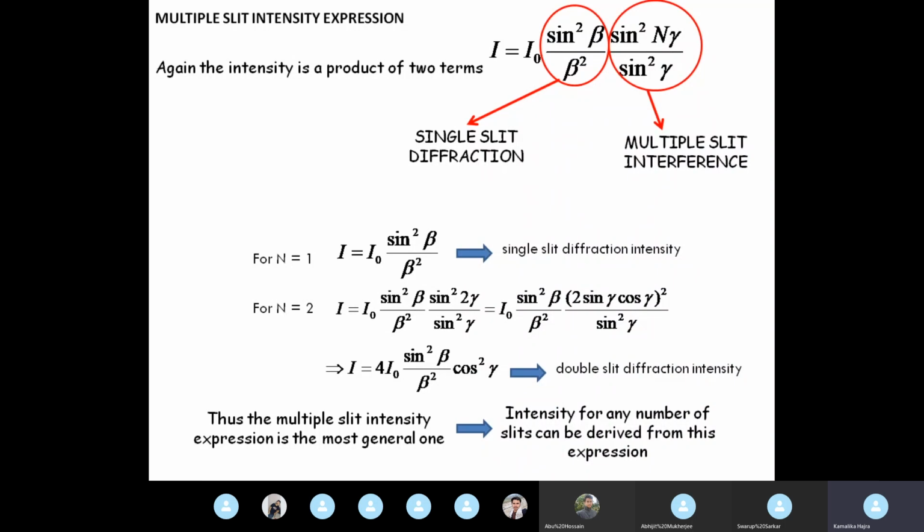So whatever be the number of slits, if you are dealing with Fraunhofer diffraction, you simply have to use this expression of intensity.